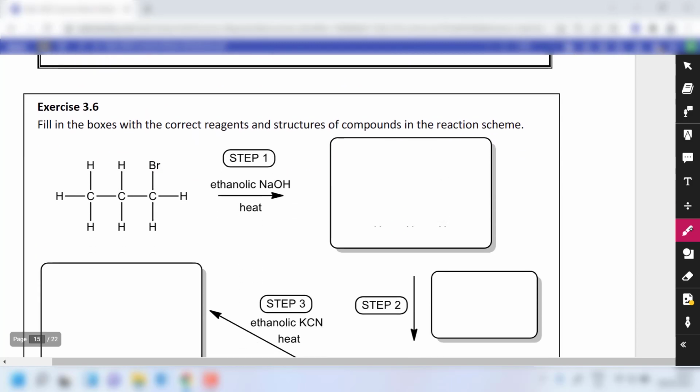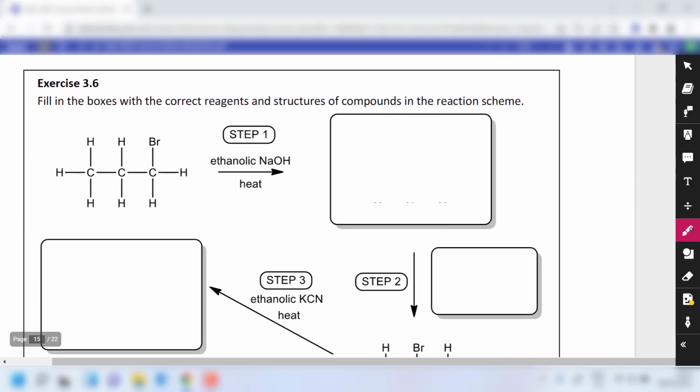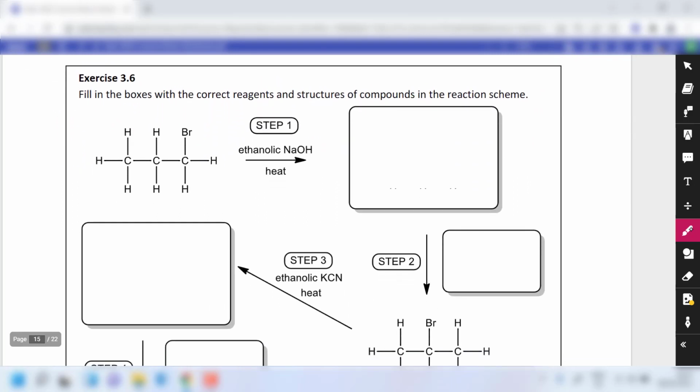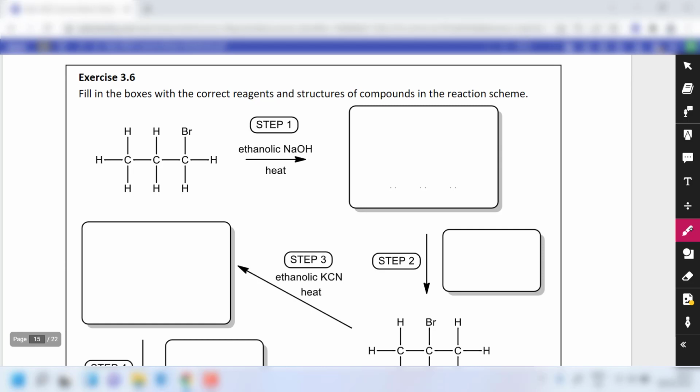Then next we have exercise 3.6, where we are supposed to fill in the boxes with the correct reagents and structures of compounds in the reaction scheme. So first of all, we have ethanolic sodium hydroxide, heat.